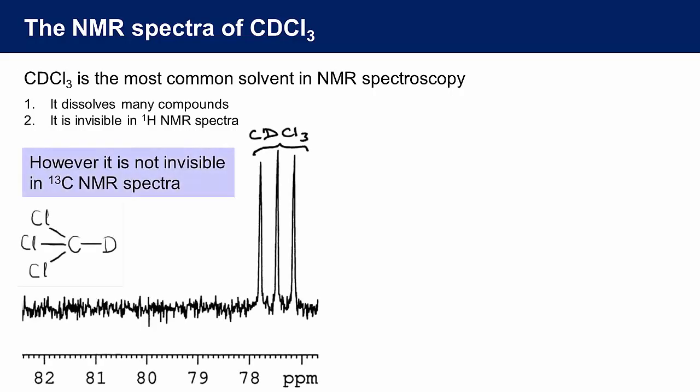However, deuterated chloroform, CDCl3, is not invisible in the carbon-13 NMR spectra. About 1% of all carbon is carbon-13, randomly distributed and very, very difficult and very expensive to remove. So, if you run a carbon-13 NMR spectra of a compound dissolved in deuterated chloroform, the strongest signal will probably come from the solvent.